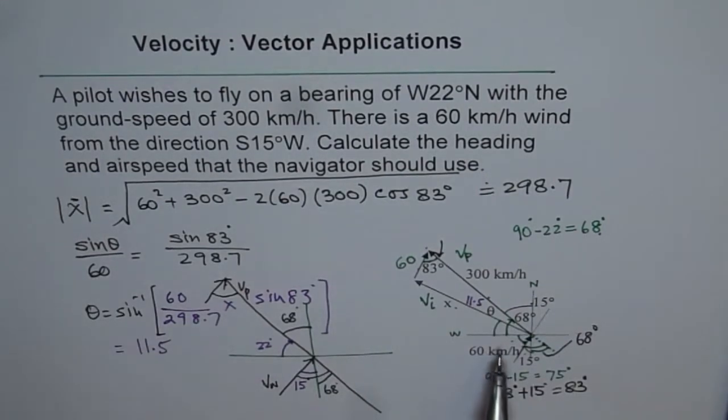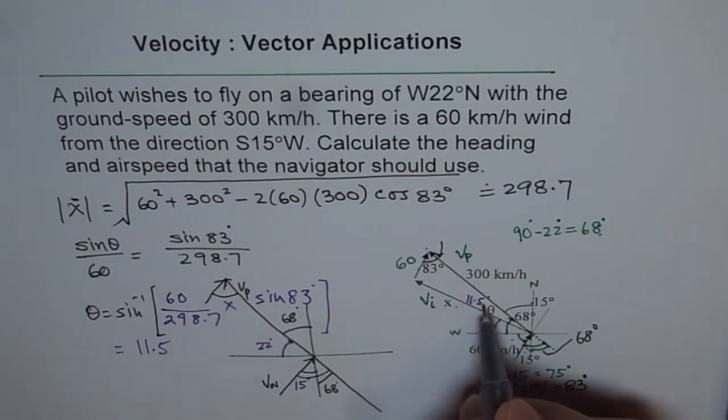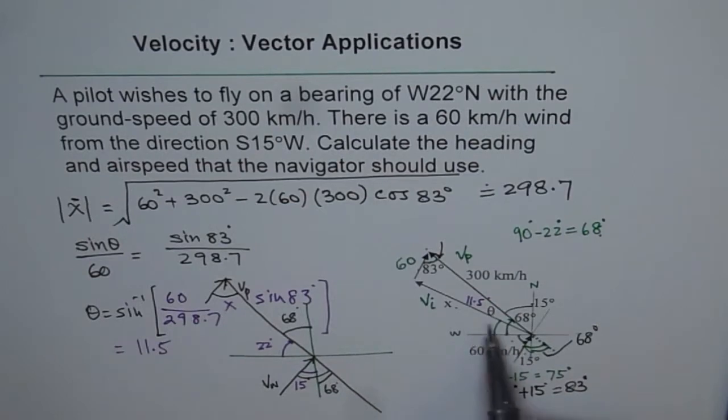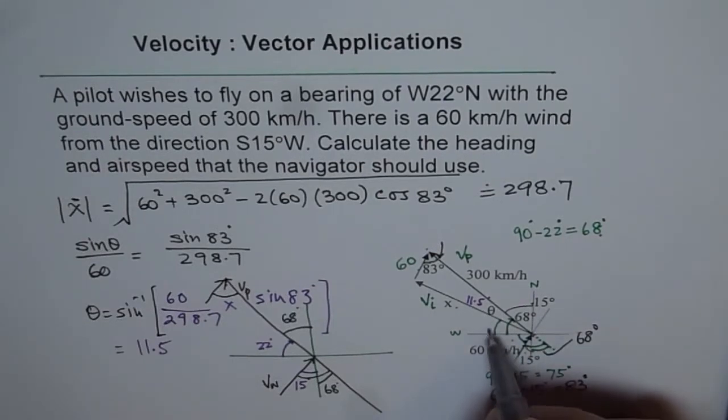And now we can say what the final direction is. It was 22 from here, so we can take away 11.5 and write 22 minus 11.5 in this way. So from west, that much angle towards north, or you can write this as 68 plus 11.5, giving the direction from north towards west, or you can also give a bearing angle like this and add 270 to this angle, correct?